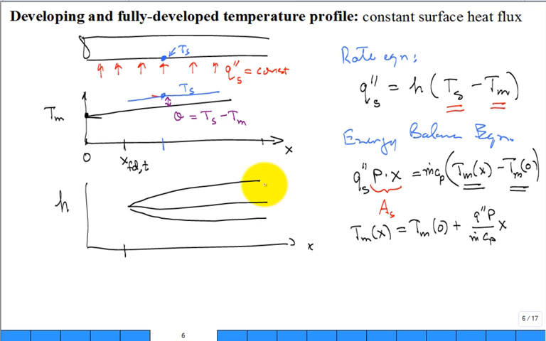So is it A, B, or C? What does h, the convection coefficient, do? Which profile is best to describe h? Does it increase with increasing distance down the pipe? Or is it constant down the pipe? That's a flat line. Or does it decrease as it goes down the pipe?